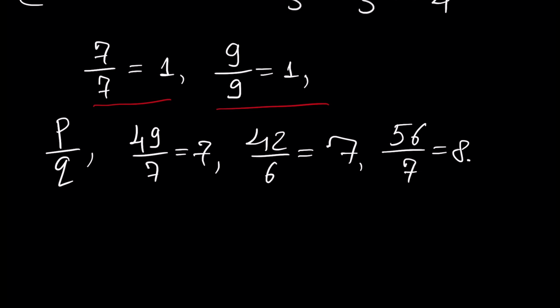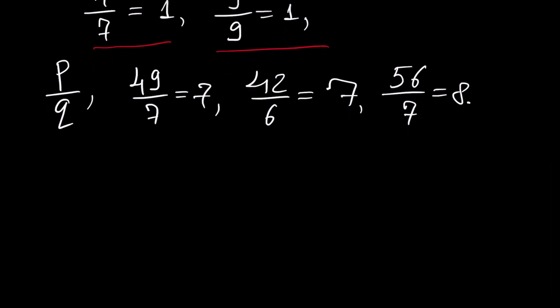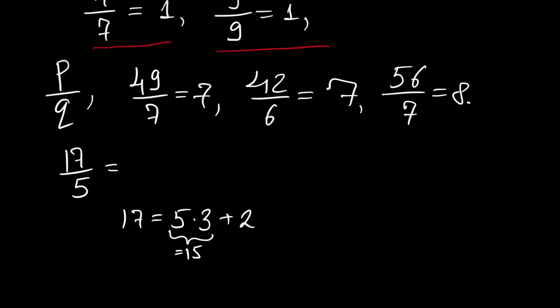The second case is when division is not exact and we have to write a partial quotient. For example, 17 over 5. We already know that 17 is 5 times 3, which is 15, plus 2. So 5 goes 3 times into 17.